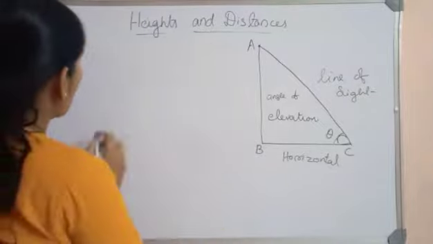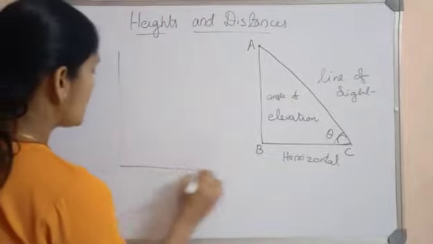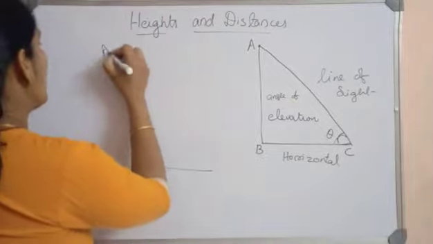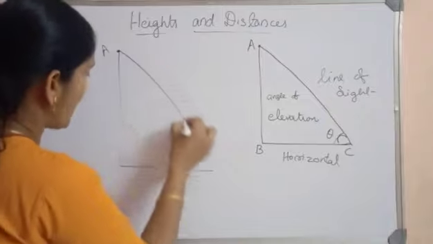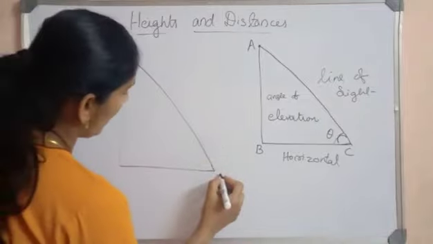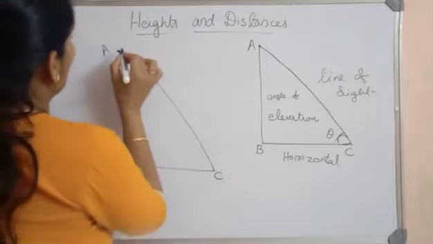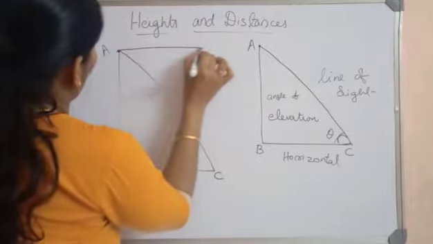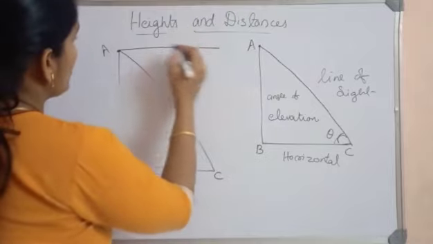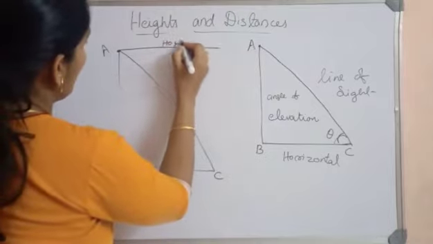Similarly, if a man standing at a point A, this is the point A, and observing an object at C, then if you draw a horizontal here, this is the horizontal.